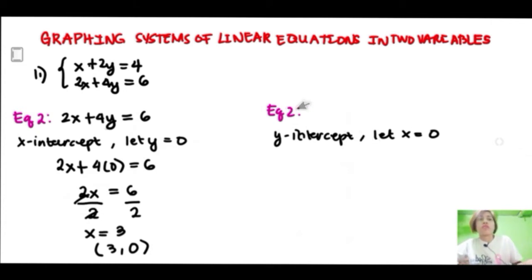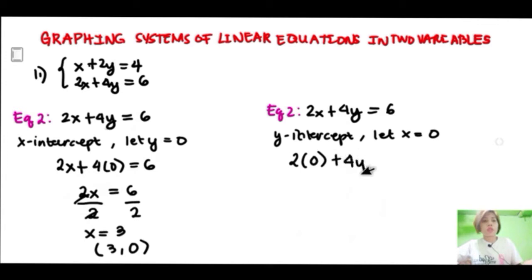Okay, so doon naman sa y-intercept, copyin ulit natin equation number 2. 2x plus 4y is equal to 6. So, we will let x be equal to 0. So, 2x means 2 times x, which is 0, plus 4y is equal to 6. 2 times 0 is already 0, so hindi na isusulat.